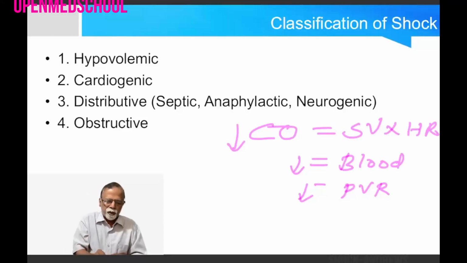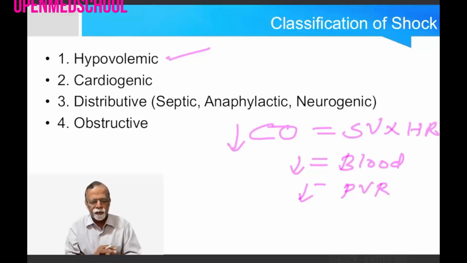The most important is hypovolemic shock. That is, volume decreases. So that is very simple. Suppose you lose blood in a trauma, that leads on to what is called hypovolemic shock. Volume is less. In acute diarrhea, burns, all these lead to hypovolemia.